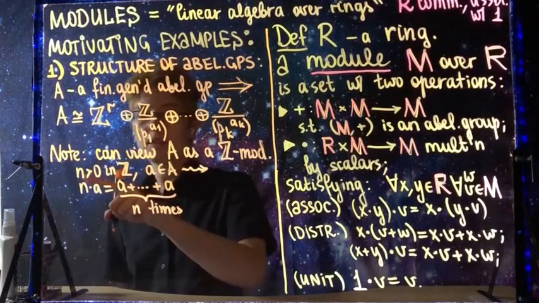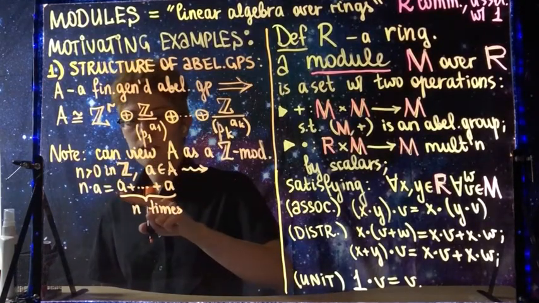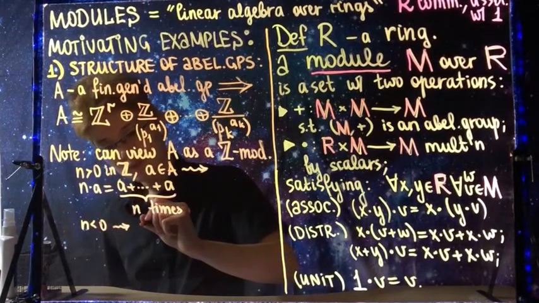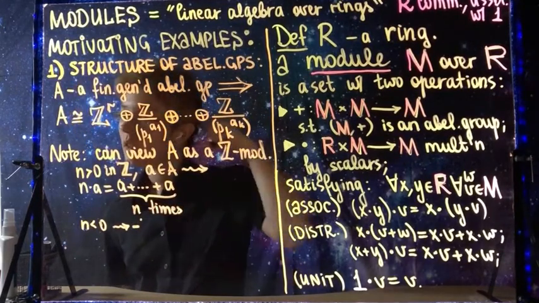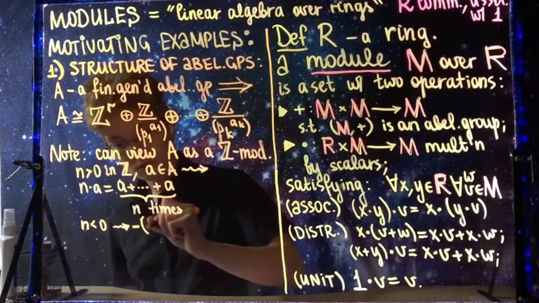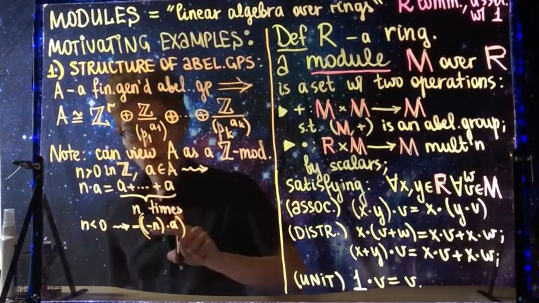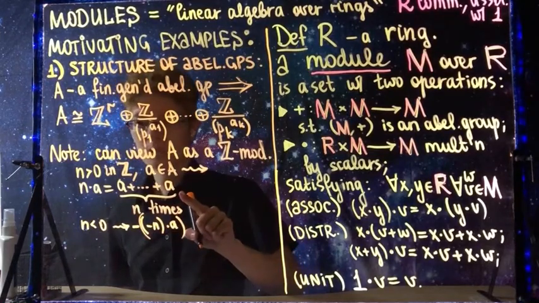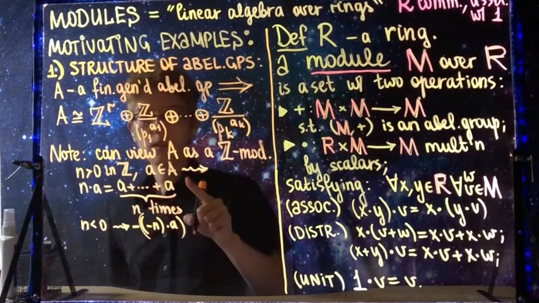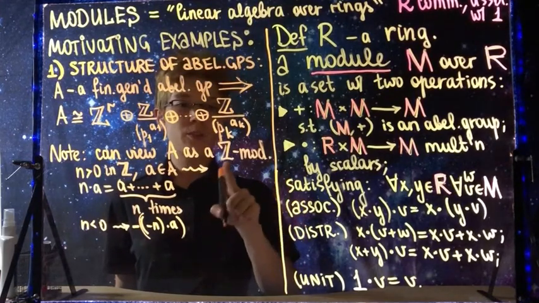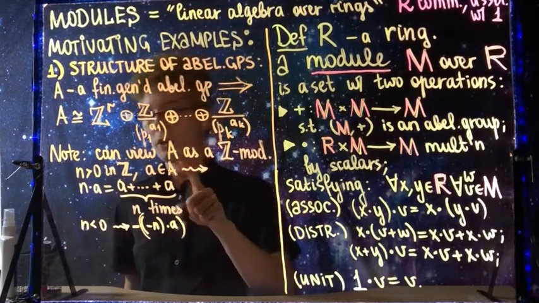And if n is negative, we instead consider the additive inverse of minus n times a, where minus n times a is defined as here. And this defines a structure of a Z module on an abelian group A.